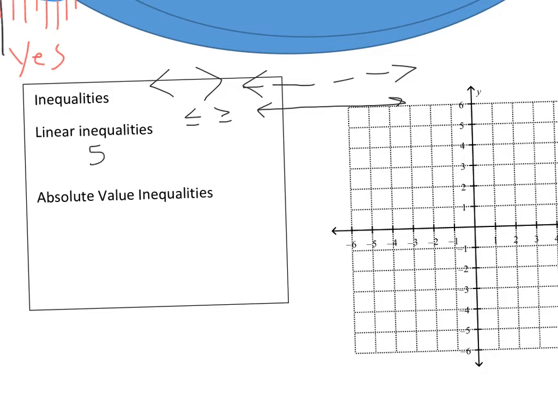When you're solving linear inequalities and graphing, you need to be careful to solve for y, because you might have to divide by a negative and flip the sense of the inequality. So I would suggest that you solve for y when graphing it.